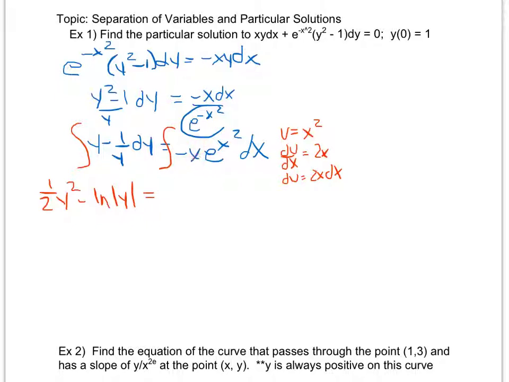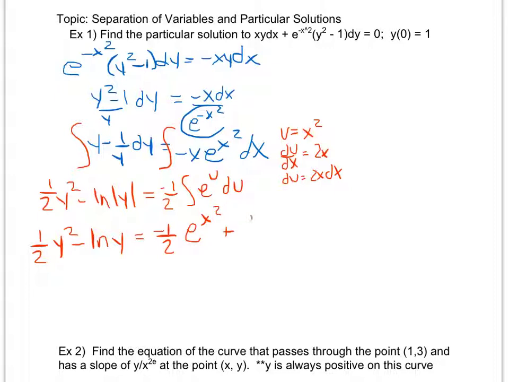I have the x and the dx, I'm going to pull the minus out to the front, and to get a 2 in there, I'm going to put a 1/2 out front. So before I integrate, I'm going to rewrite it as 1/2 times the integral of e to the u du. Then my new equation becomes 1/2 y squared minus ln of y, and I'm going to drop my absolute value bars, equals negative 1/2 e to the u, where u was x squared, plus c.